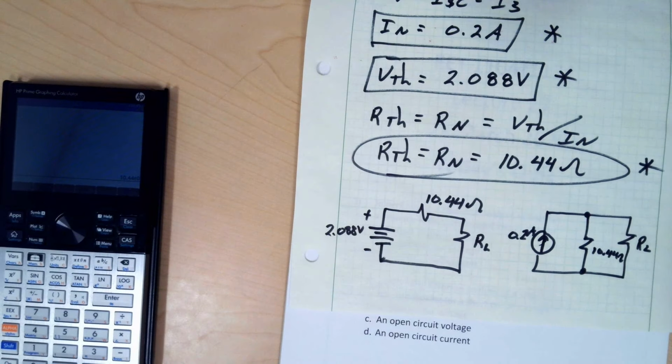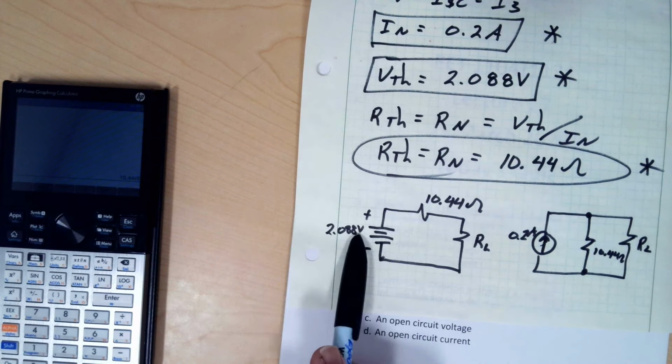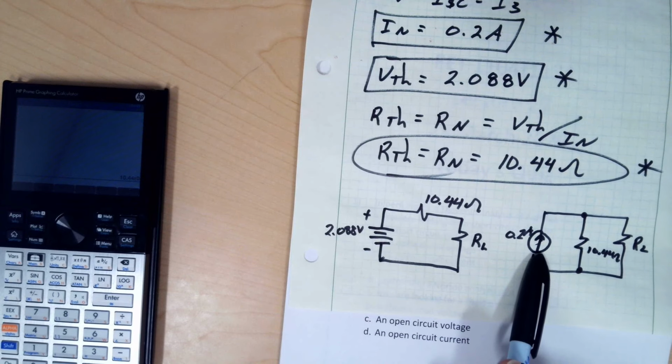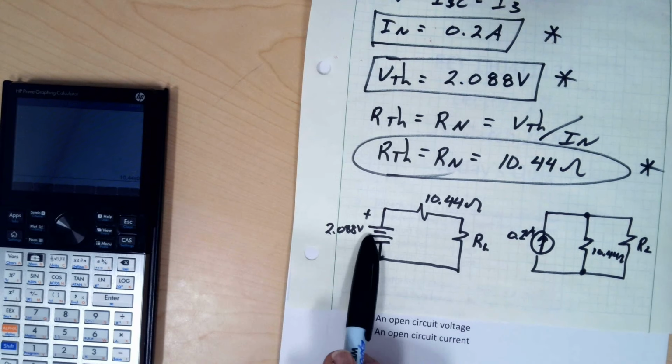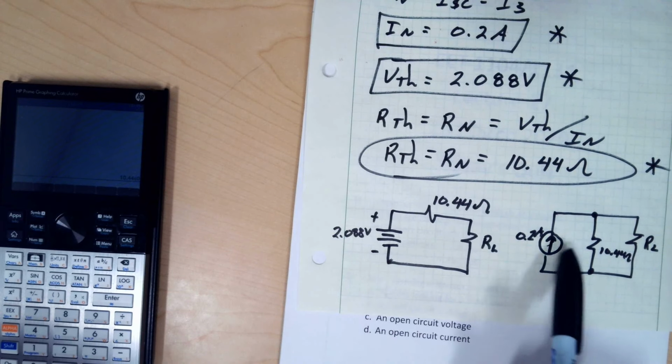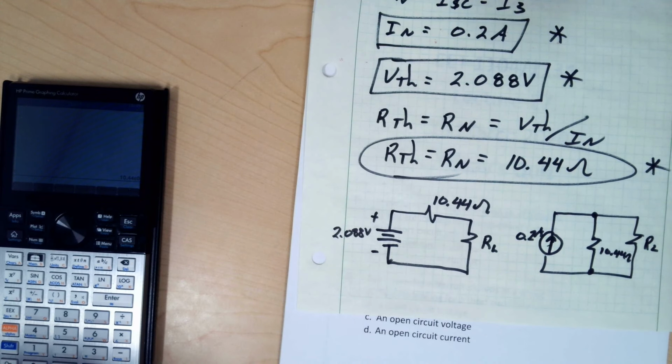And there we have it. We have a Thevenin and a Norton circuit. A circuit that gives us our open circuit voltage, and a circuit that gives us short circuit current. The maximum voltage available to that load resistance is given by this circuit, and this circuit likewise for the current.